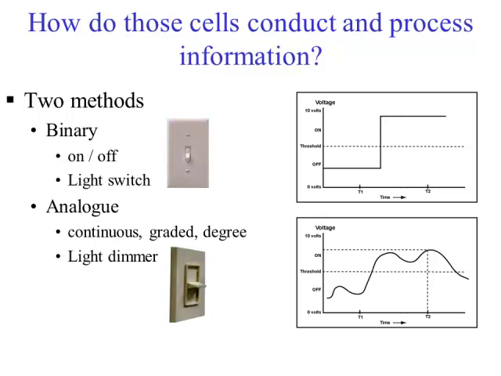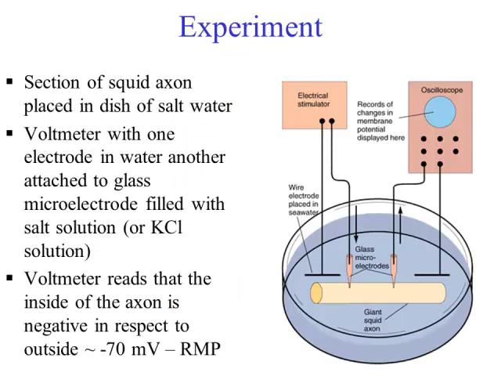So I've basically described this experiment before to you, but I'll do this again and go into a little more detail. Let's say I take a section of squid axon. Why squid axon? Well, a squid axon is larger. One of the reasons is because it's an invertebrate and it doesn't have myelin.